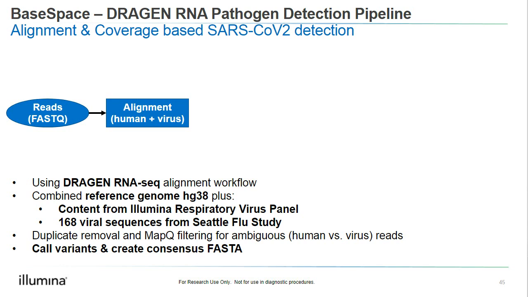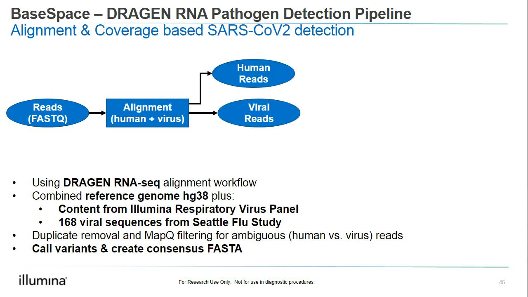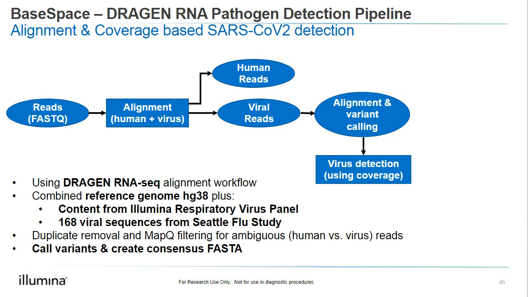The next step, the human reads will be aligned by our DRAGEN mapper and aligner. And then DRAGEN will take the viral reads to perform the alignment and variant calling to the virus genomes. After the alignment is complete, you're going to remove duplicates or low quality reads, and then it will generate the coverage report.